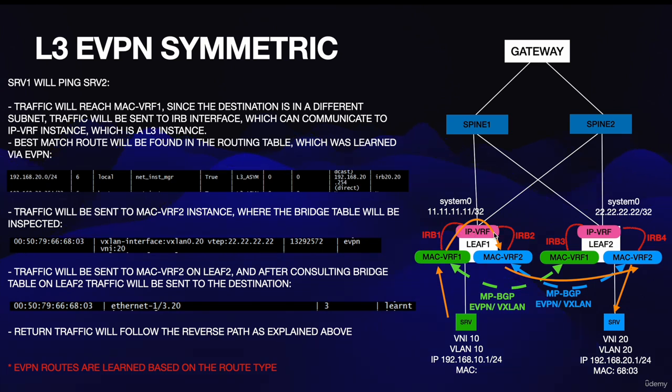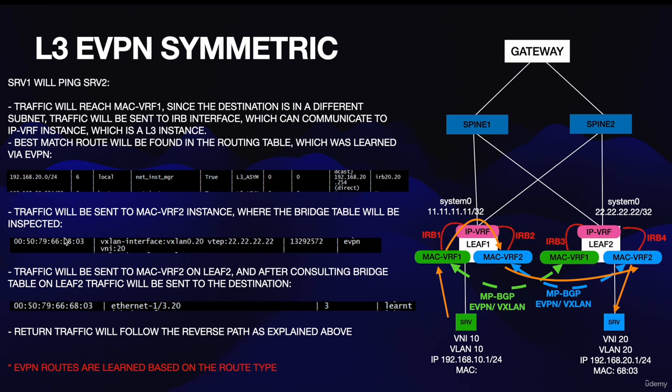In the IP-VRF instance, the best matching route will be selected from the IP-VRF routing table. And just like that, traffic will be sent to the MAC-VRF 2 instance, where we'll have a VXLAN tunnel installed between leaf 1 and leaf 2.